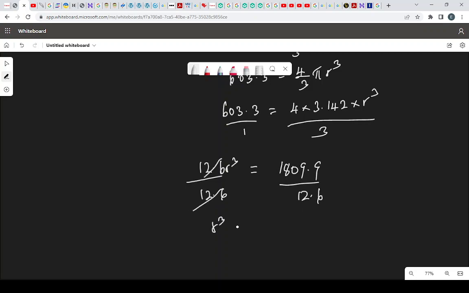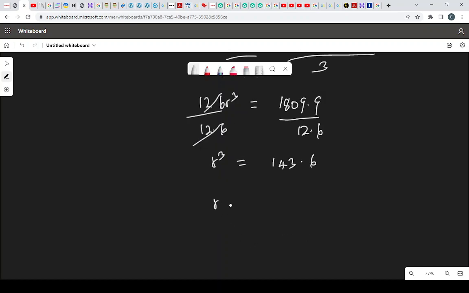R cubed is equal to 1809.9 divided by 12.6, which is 143.6 approximately. That means R is the cube root of 143.6.